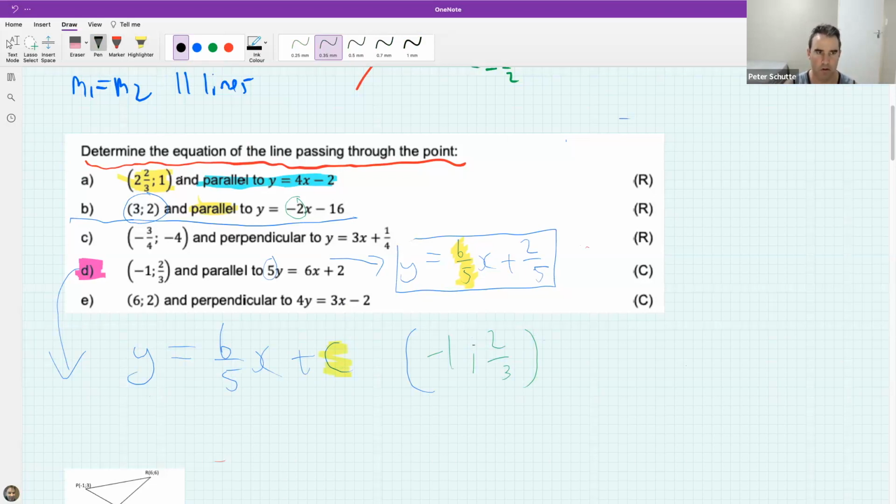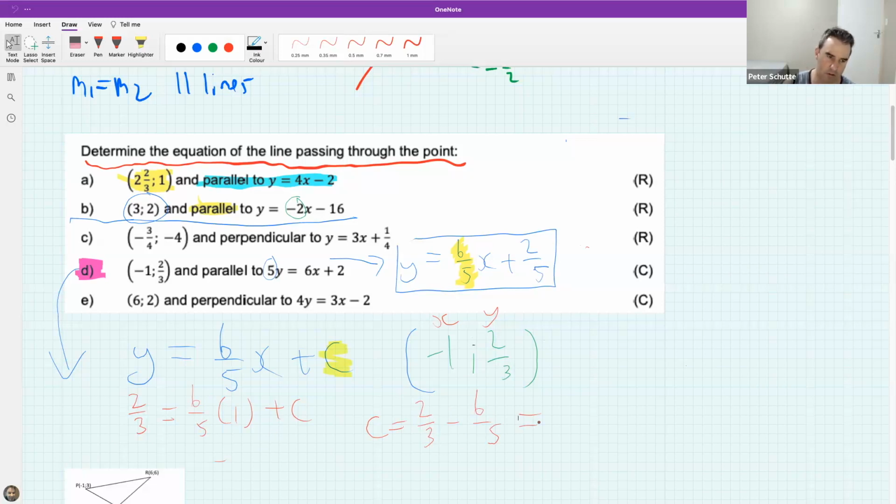So I know this is X and this is Y, and then positive 6/5, this must become... so what's my C going to be? It feels like C should be negative, hey?